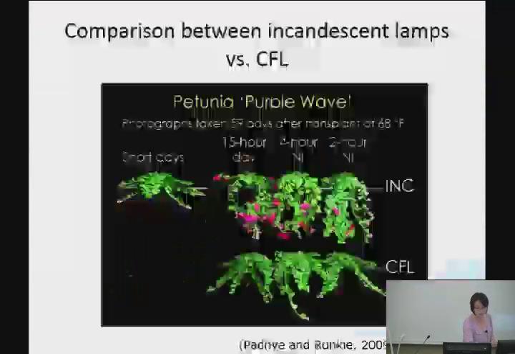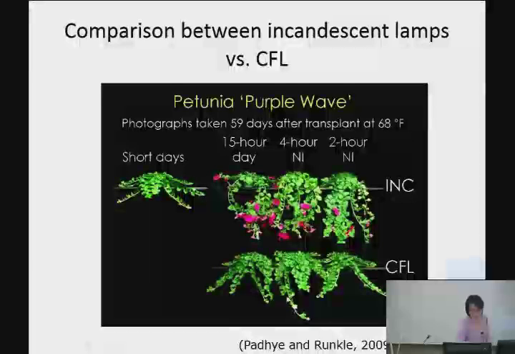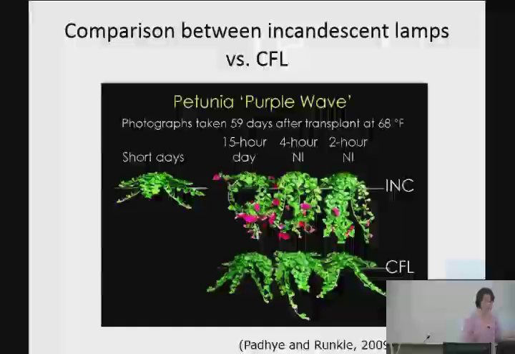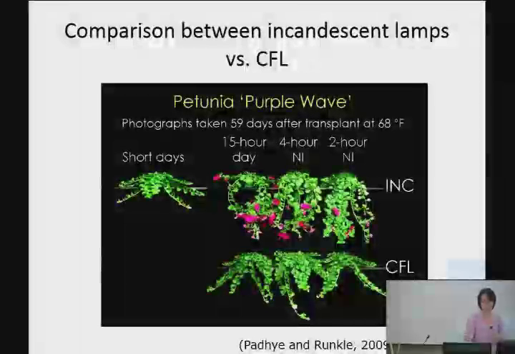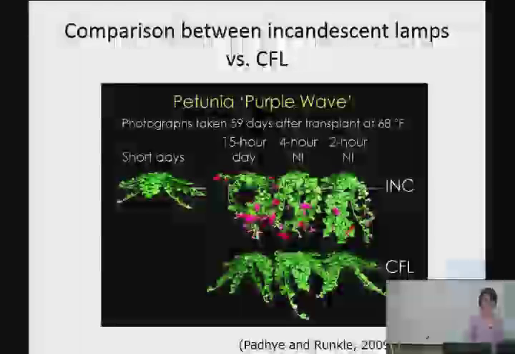They discovered that, for example, petunia, which is a long day plant, flowers when incandescent bulbs are used, but didn't flower when cool white fluorescent tubes or lamps are used. So some of the plants, not all of them, are very sensitive to the light quality used for photoperiodic response. And light quality specifically lacking far red is problematic.